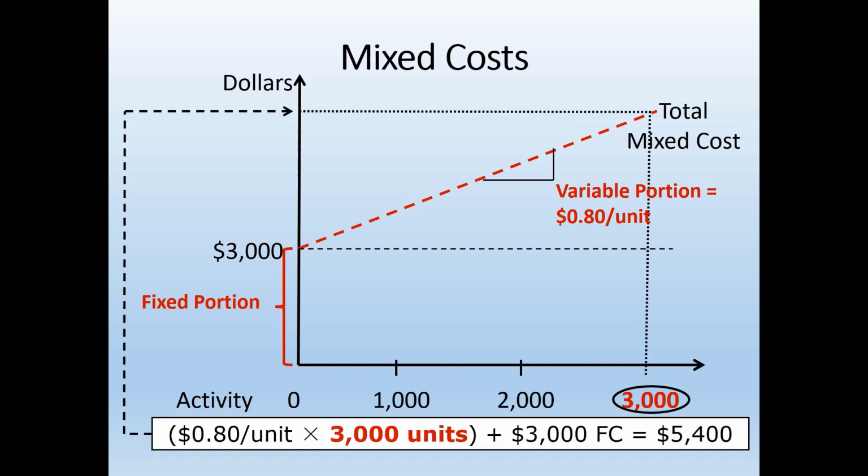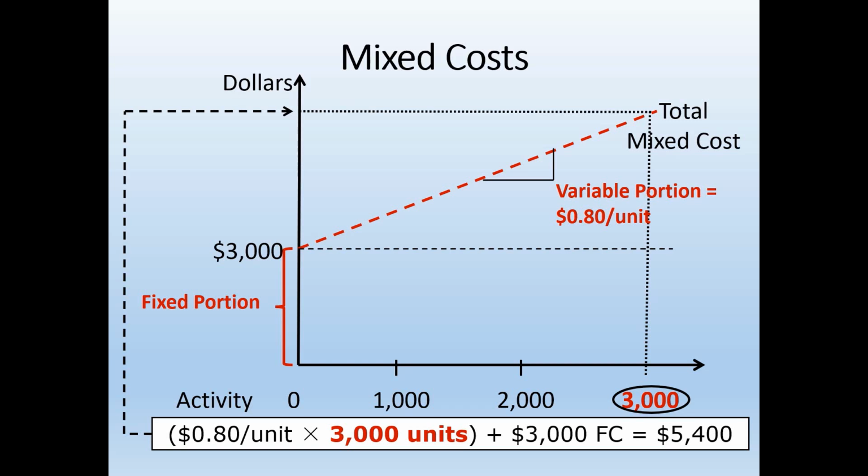So the formula for the total mixed cost would be the 80-cent per unit variable portion times 3,000 units plus the $3,000 fixed portion for a total of $5,400.